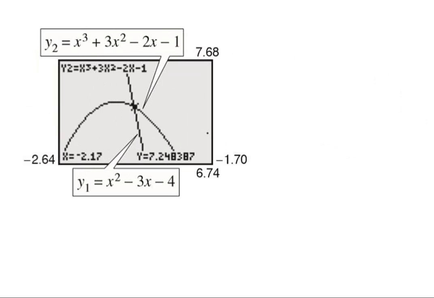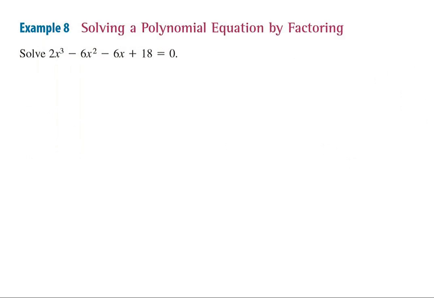Okay. Alright, so let's take a look at example 8 here. We need to solve this polynomial equation by factoring. First thing I notice here is, remember when you're solving and factoring, you always look for a GCF, and it looks like we do have one, so we could take out a 2 here, right?